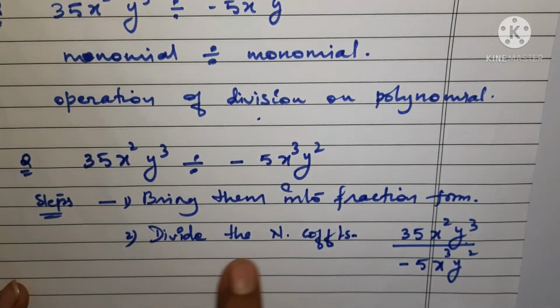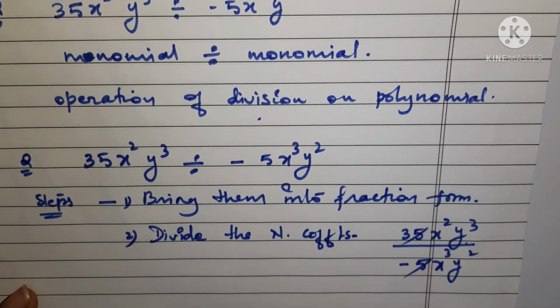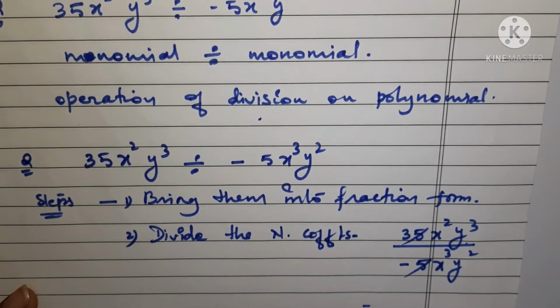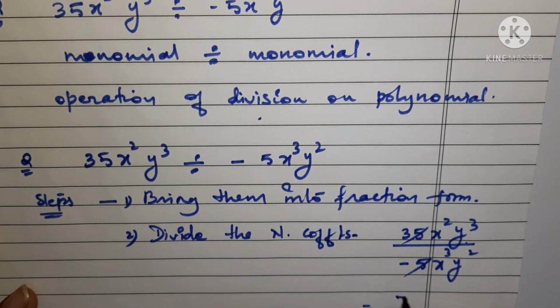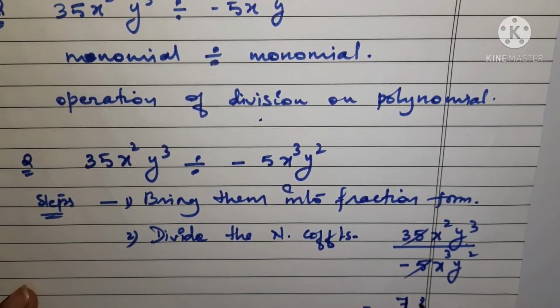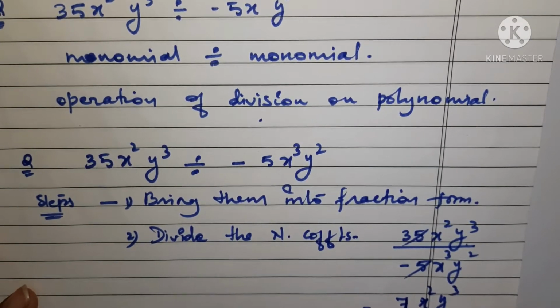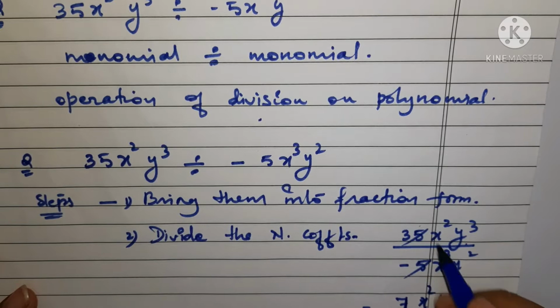The second step is to divide the numerical coefficients. Once we divide, we will write what we get here. Watch the sign also. So we'll write here 7, and then x square y cube over x cube y square, with a minus sign. We have simply solved the numerical coefficient.